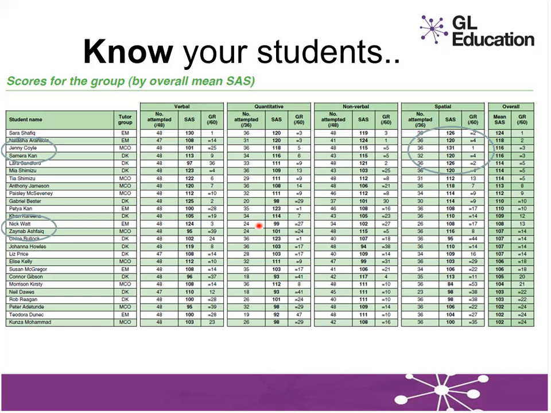In this case, Jenny Coyle, whose name is circled here, is a classic example of a pupil with an extreme spatial bias. Looking across her scores, for verbal she has 101, for quantitative 118, for non-verbal 115, and over on spatial 131.